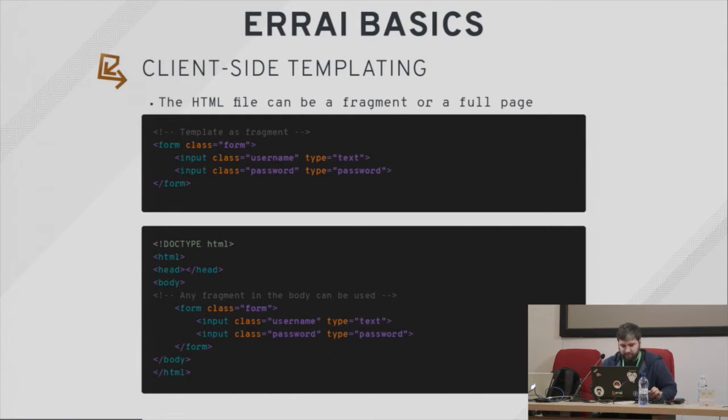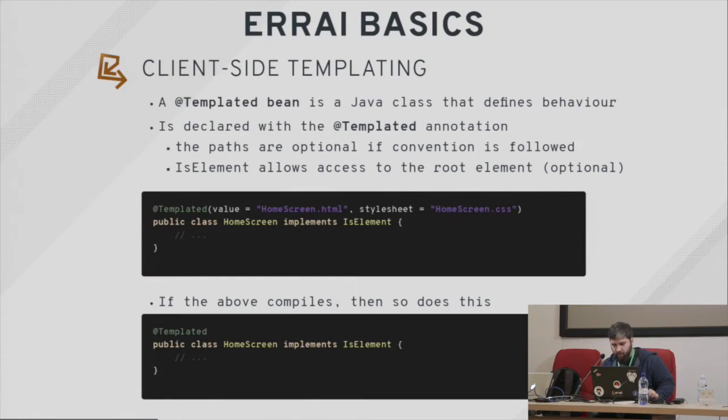I hope that is readable, but the main point of this slide is that a template file in Errai can be either a simple fragment, which is really useful when you're just starting to develop an application, or it can be a full HTML page, which allows you to more easily work with an external design team and consume assets from them.